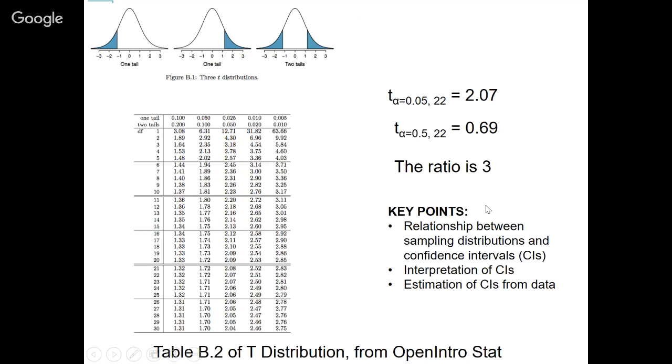So just some key points to remember about confidence intervals: these confidence intervals are estimated from the sampling distribution. And the estimate comes from knowing, remember we did all that talking about the central limit theorem, that there are population distributions and then there are sampling distributions.